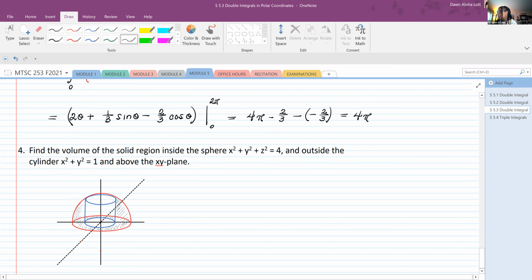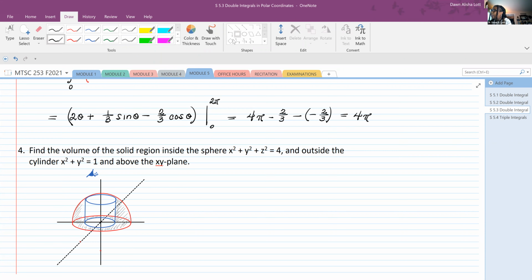Okay, so that's what we want. So the first thing we need to do is eyeball this thing. Eyeball it from the top and see what the XY plane looks like.